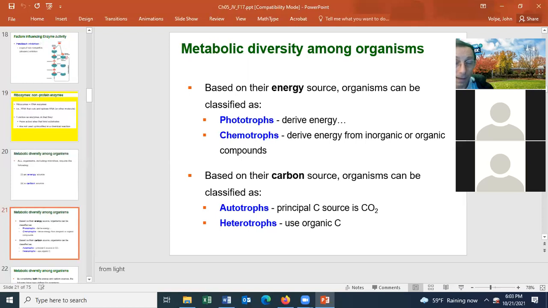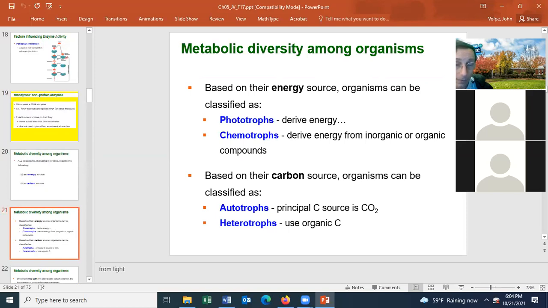If, on the other hand, we classify organisms by where they get their carbon source, they are an autotroph if they can get their carbon source from CO2, either in the air or dissolved in the water. So an autotroph gets their carbon from CO2. On the other hand, if they get their carbon from an organic chemical compound, such as glucose, we classify them as a heterotroph.